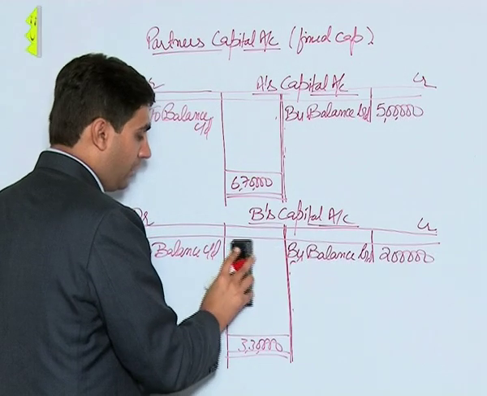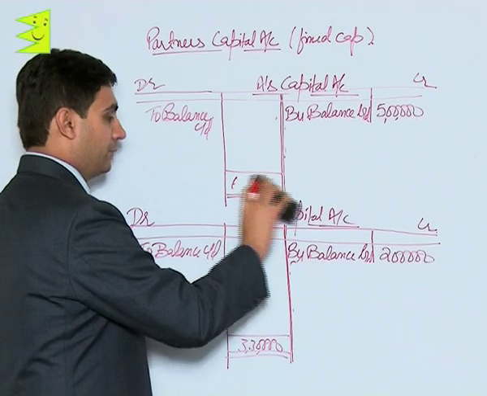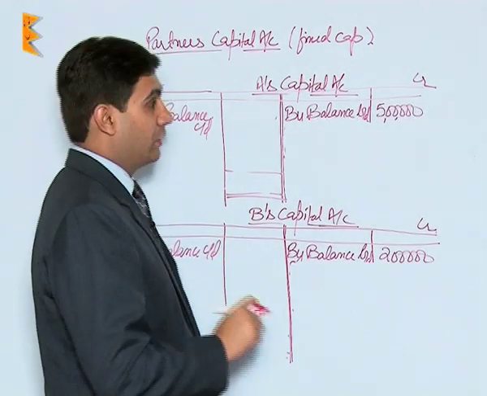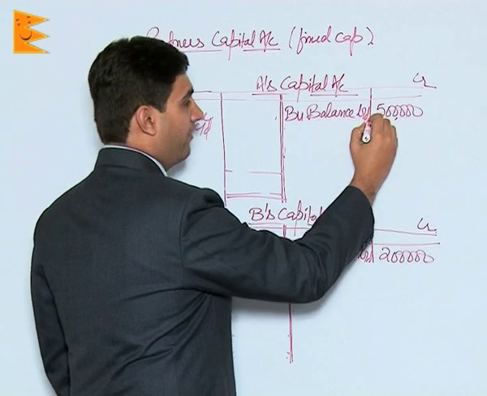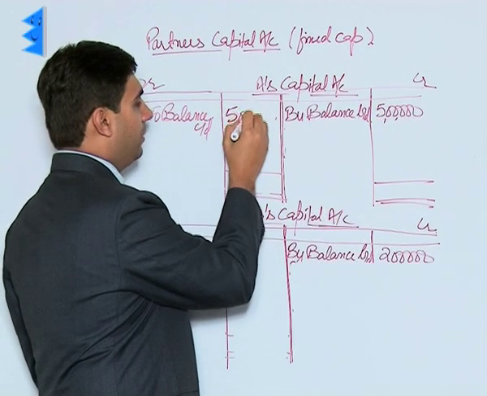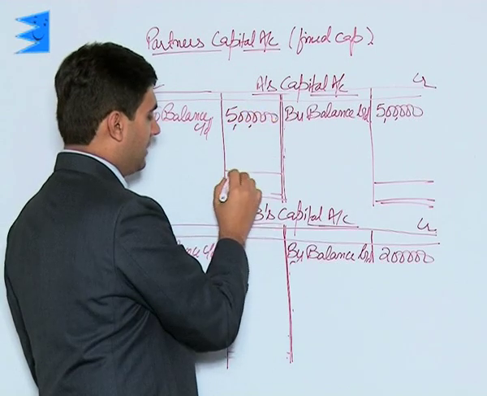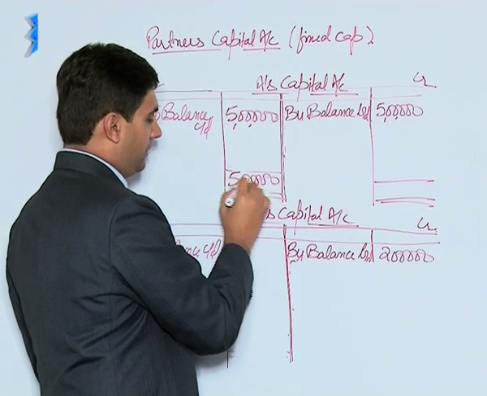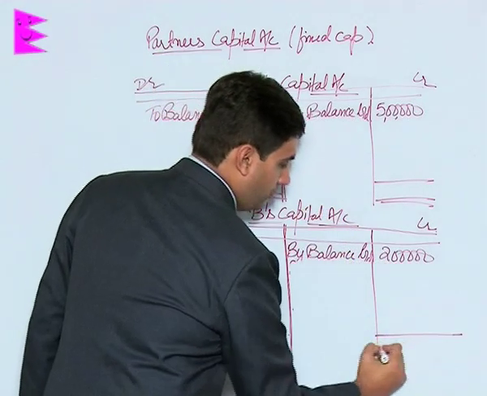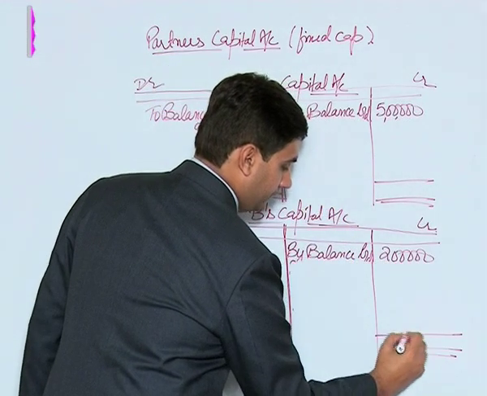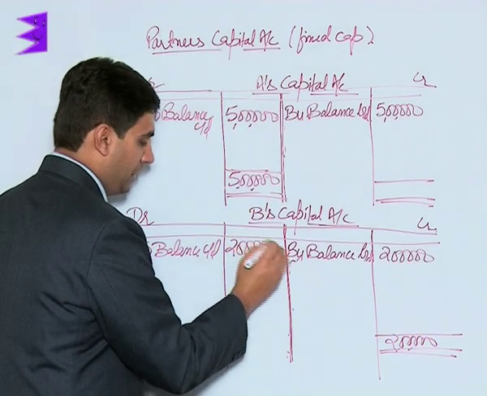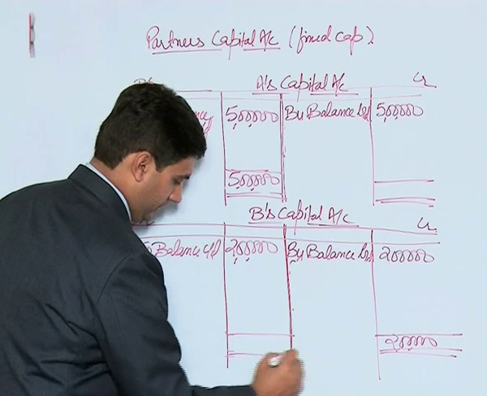Why? Because in the fixed capital method, only the balances are shown. So A's capital account will have a balance of 5 lakh. No entry would be made, and at the end of the year this balance would appear as 5 lakhs only. For B, this balance would be 2 lakh, and at the end the balance of the capital would appear at 2 lakhs.